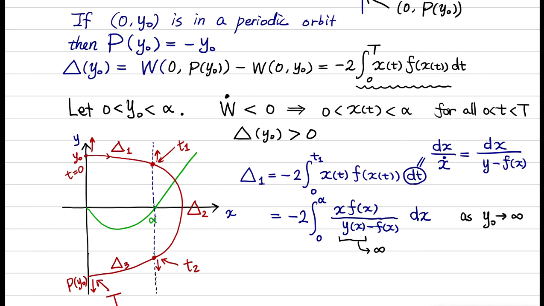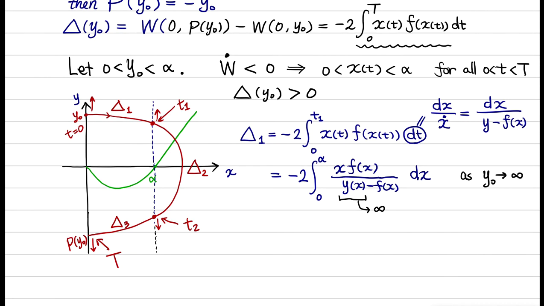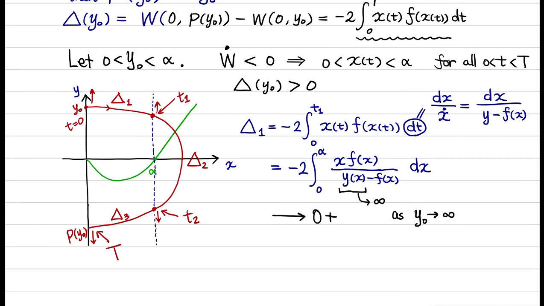Since the denominator is increasing, the absolute value of the integrand will be decreasing, and counting the minus sign before, this is a positive value which keeps decreasing. So finally, in summary, delta 1 is a positive number from the beginning, and it keeps decreasing to 0 as y naught goes to infinity, because y minus f can be as large as you want.